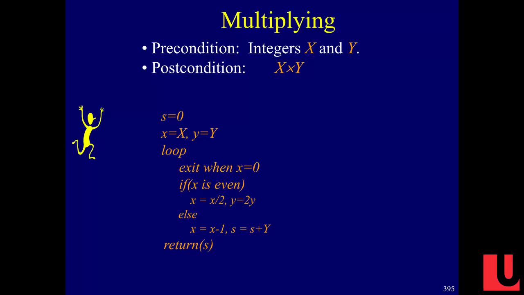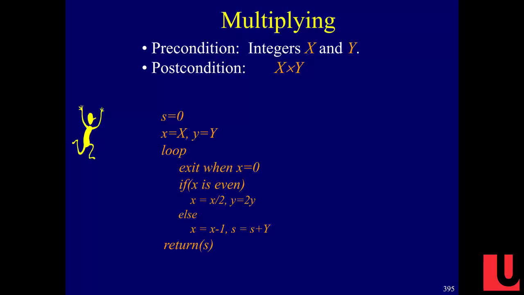I don't know why it's true. I don't know if it's true because you've been dividing x by 2 or because you've been subtracting 1. I don't care why it's true. All I know is it's true. If x is even, I know I maintain it. And if x is odd, I know I maintain it. So is this a good algorithm? Yes, it's a good algorithm.